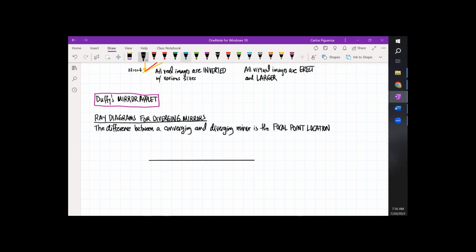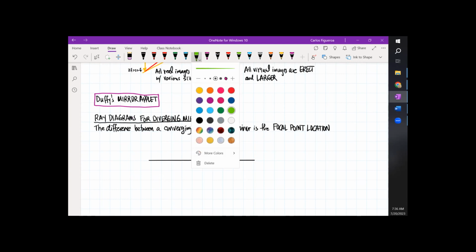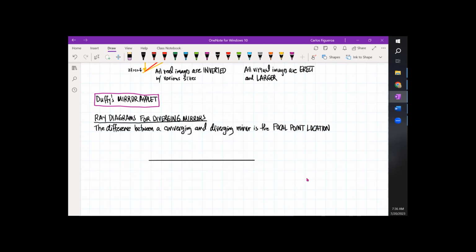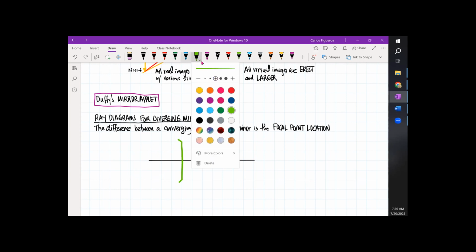So now if I come in and I create a lens, let's say that in this situation, I have a lens that looks like this. Let's say that this is a converging lens. And then in this situation, I'm going to go create a diverging lens over here.